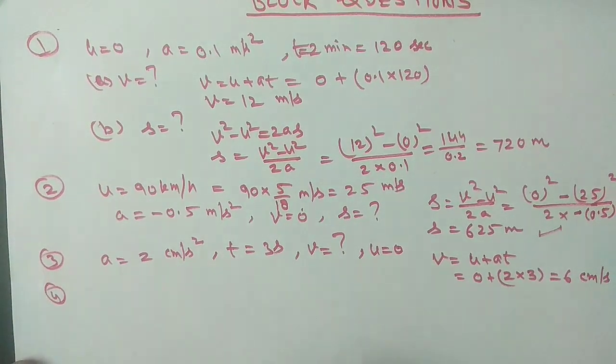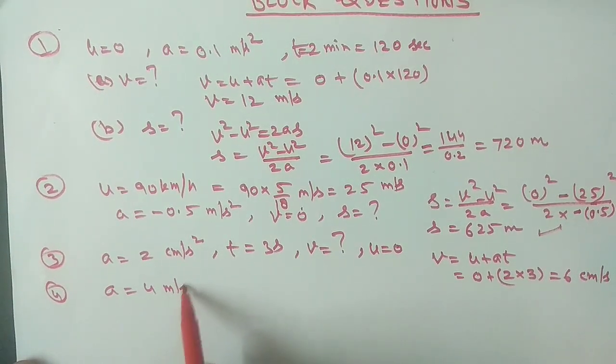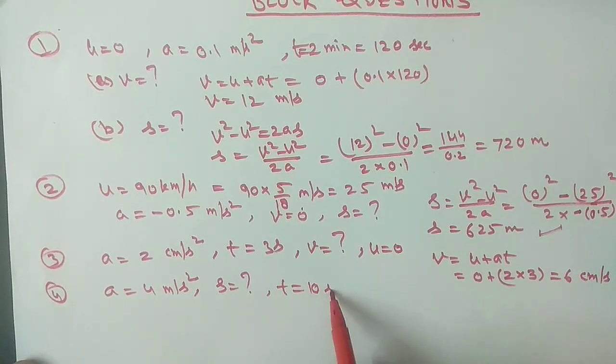In question number 4, acceleration is given 4 meter per second square. You have to find the displacement if time is equal to 10 seconds and initial velocity is 0.